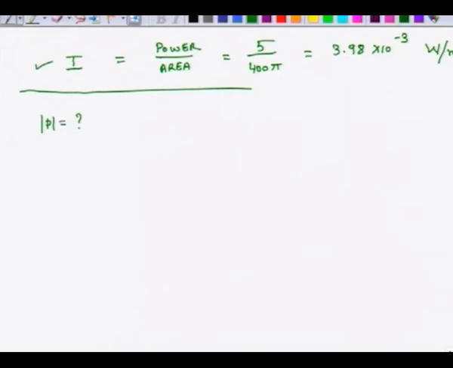For that we start using information related to I, and we know that intensity is the real part of complex pressure times the conjugate of complex velocity, and that is equal to half the real component of complex pressure times the complex conjugate of pressure divided by the complex conjugate of impedance.